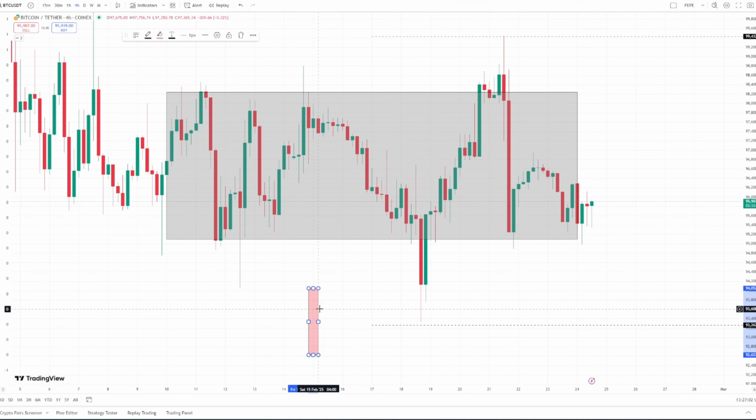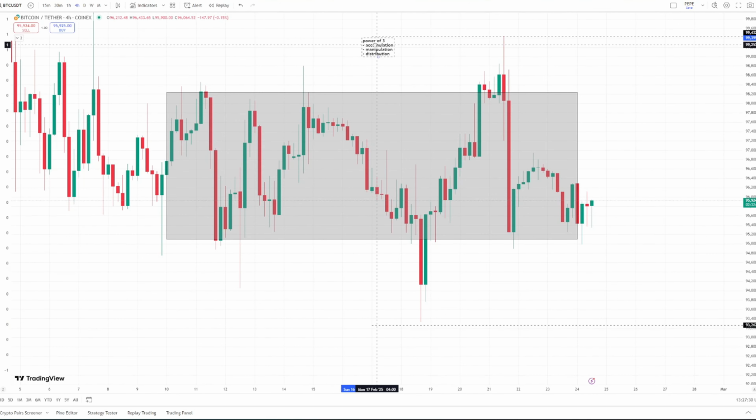So that ICT concept of power of 3, which basically is accumulation, manipulation, and distribution. So people have been doing this accumulation, manipulation, and distribution on very wide ranges.